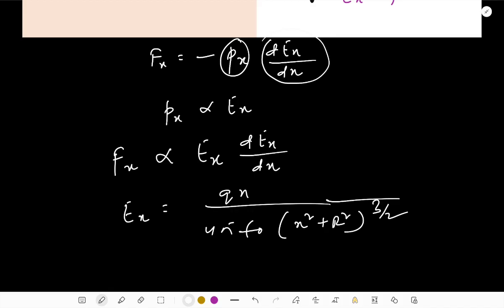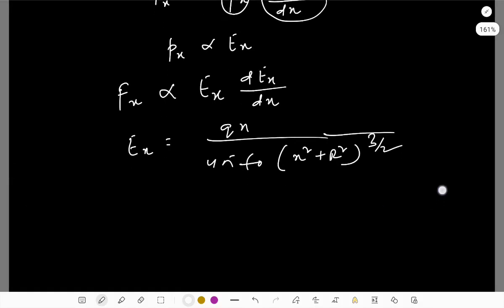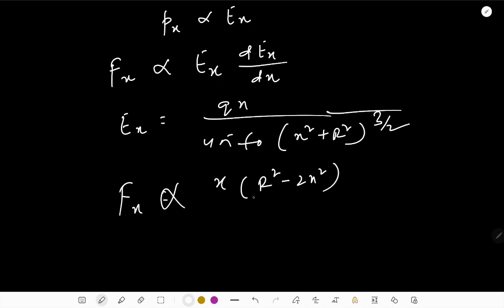We are going to find after calculations that Fx, you can find the derivatives, and you will see that this Fx is directly proportional to x (r square minus 2x square) divided by (x square plus r square) raised to 4.